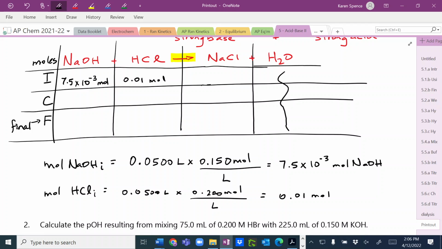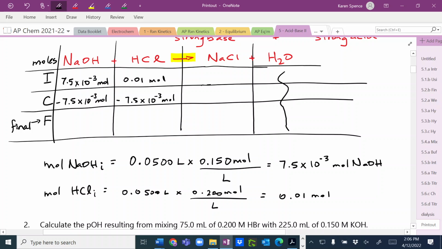Now they're going to react together. Who are you going to run out of first? You're going to run out of NaOH, so the change is going to be minus 7.5 times 10 to the minus 3 moles, and this is going to be minus 7.5 times 10 to the minus 3 moles, because this is 1-to-1. It doesn't matter what you end up in the product because we don't really care about it.